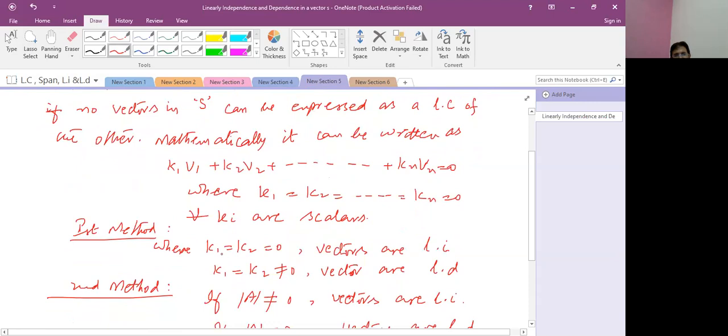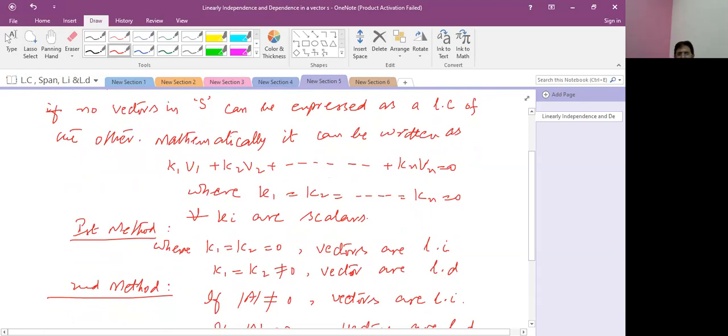The first method: if K1, K2, for example, are 0, it means the given vectors are linearly independent. If K1, K2 are not equal to 0, the vectors are linearly dependent, with the help of linear combination when we solve it.